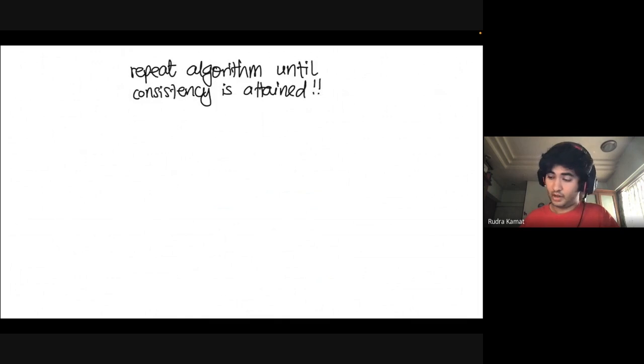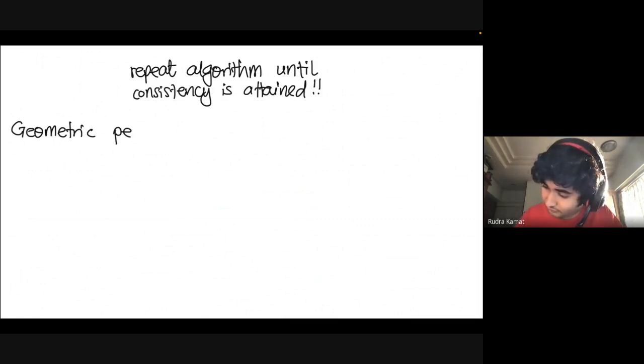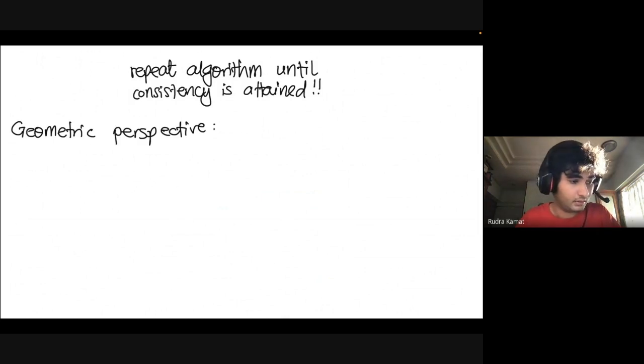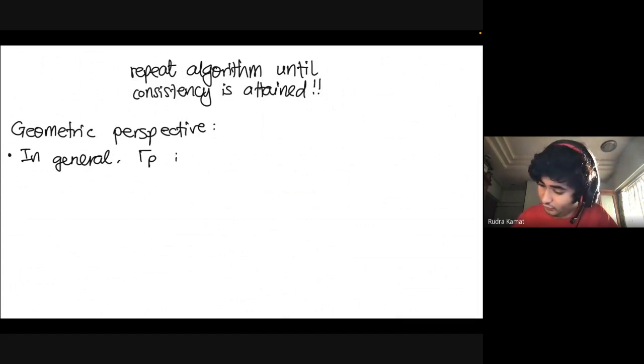So fine, this is all well and good, but what's the geometric perspective? How do we get intuition about some abstract thing like this? The first point I want to make is that, in general, gamma sub p is not a symplectic manifold.